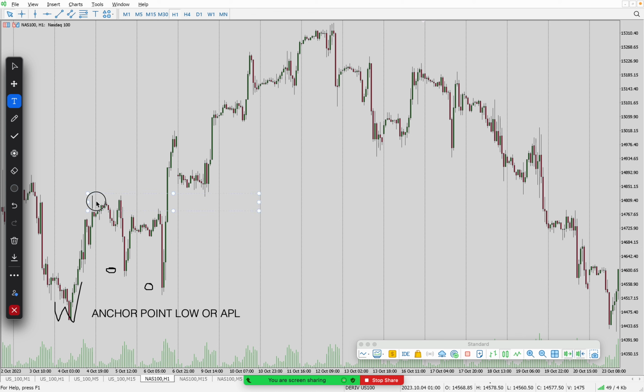Price went up, moved back into a consolidation. When it moved into a consolidation, got a V, but then price failed to continue upwards, and then it came back into another V bottom beneath this old low.